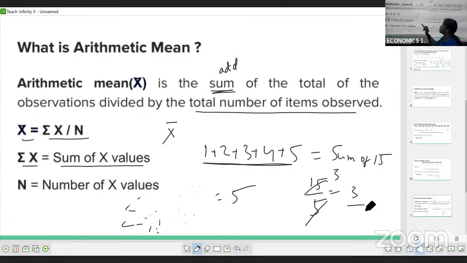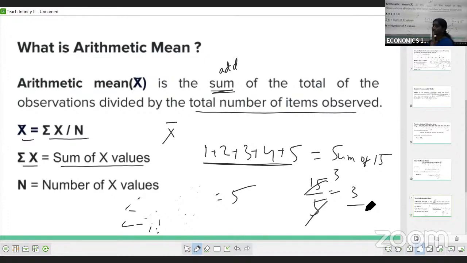So arithmetic mean is the sum of the total of the observations divided by the total number of items observed. You need to write the formula: x bar equals sigma x divided by n, where sigma x stands for the sum of the x values and n for the number of values.